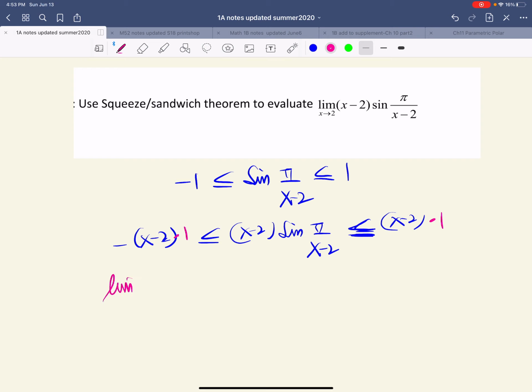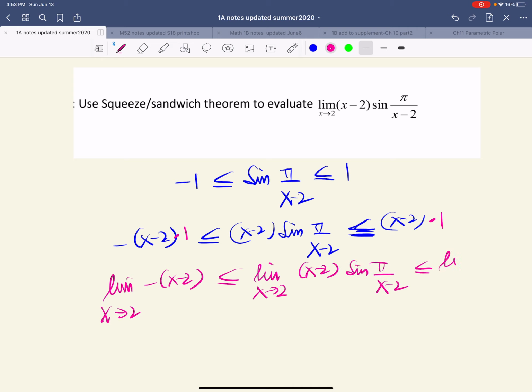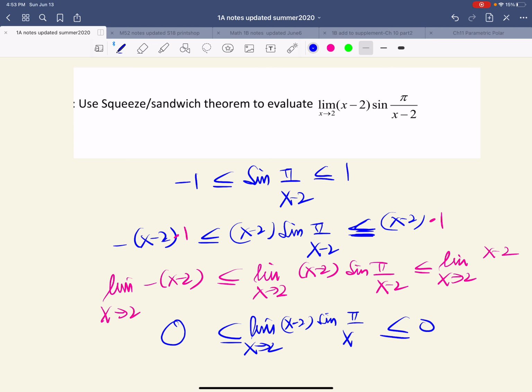Now we take the limit as x approaches 2 of each part: the limit of negative (x minus 2), the limit of x minus 2 times sine pi over x minus 2, and the limit of x minus 2. We know that both outer limits go to 0 as x approaches 2.